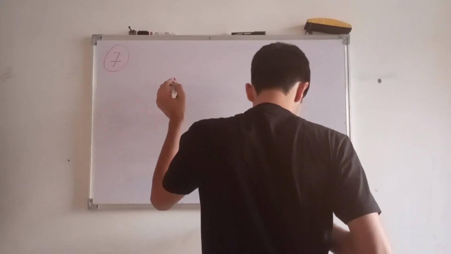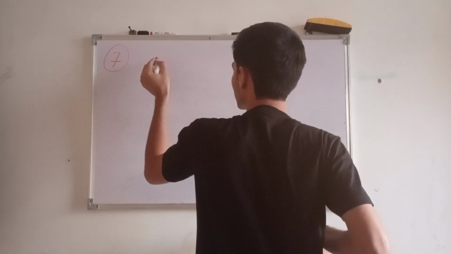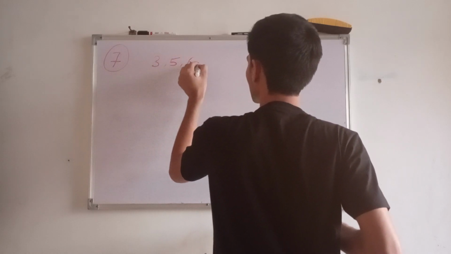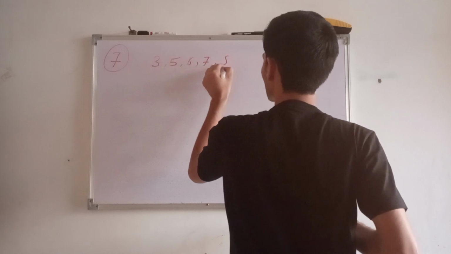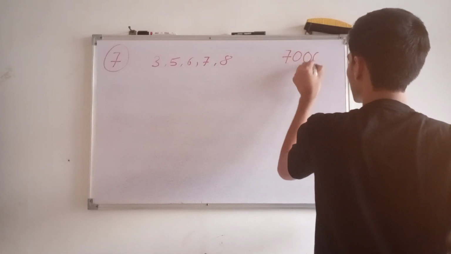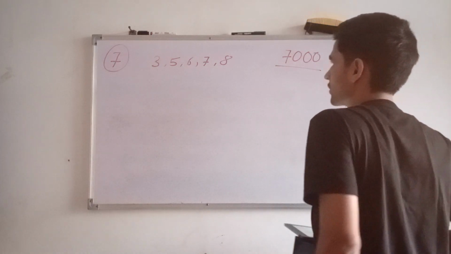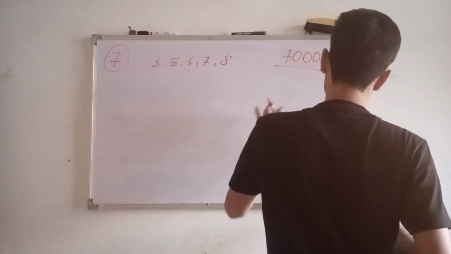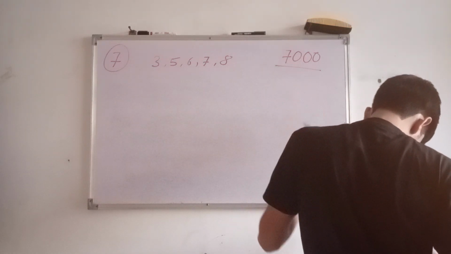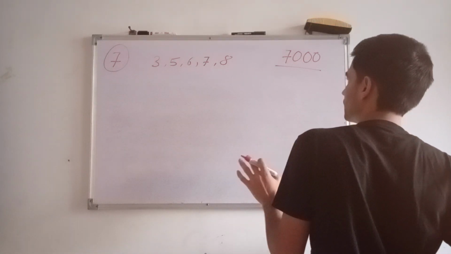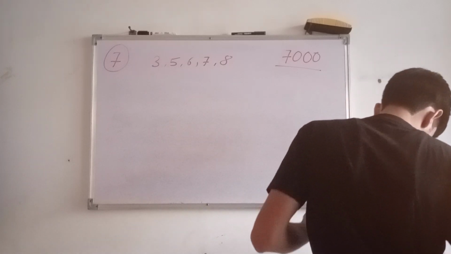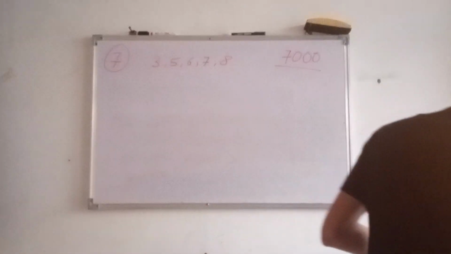What digits we have? 3, 5, 6, 7, 8. So we need to find all possible numbers greater than 7000 that can be formed using these digits without repetition. No digit will be repeated, each digit can be used only once.